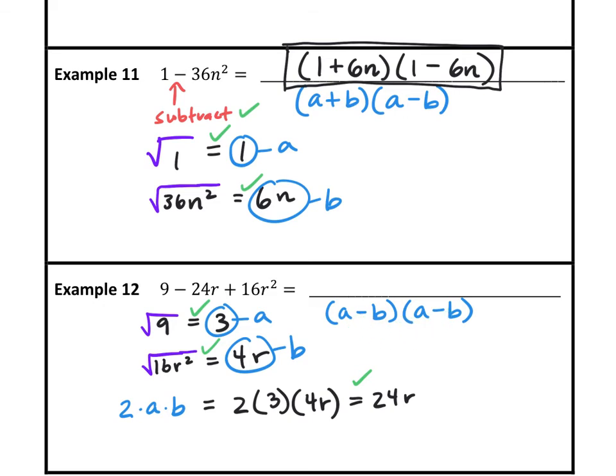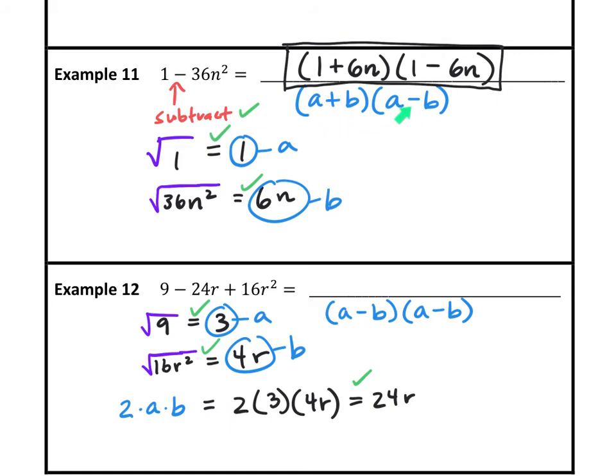I have a minus situation, so it's A minus B twice. If I had a plus plus, then it would be plus plus. Okay, and then if I have a difference of squares like in number 11, then it's going to be a plus and a minus.